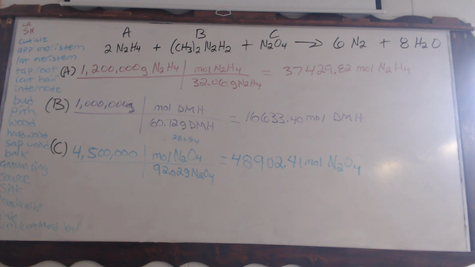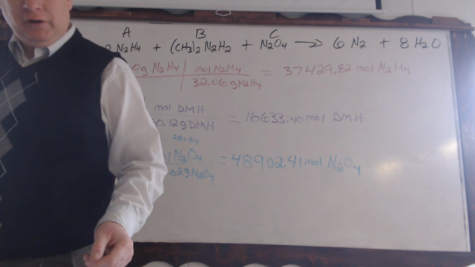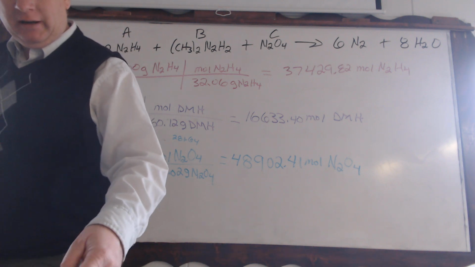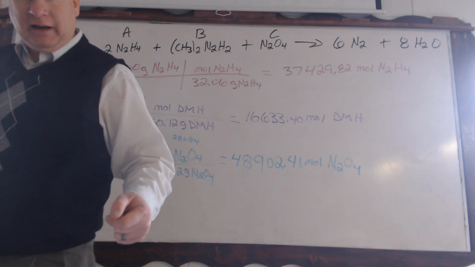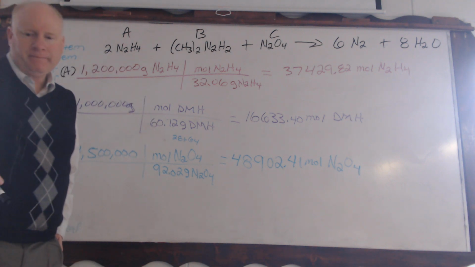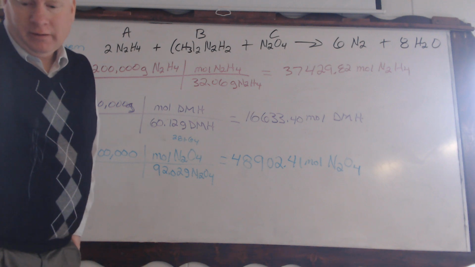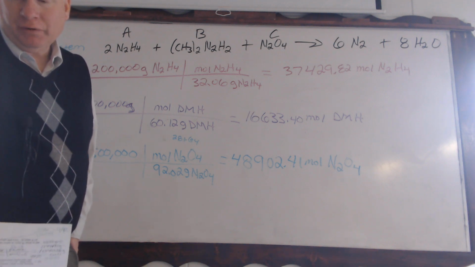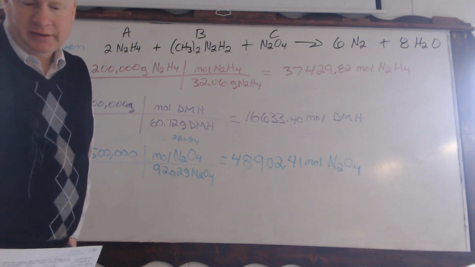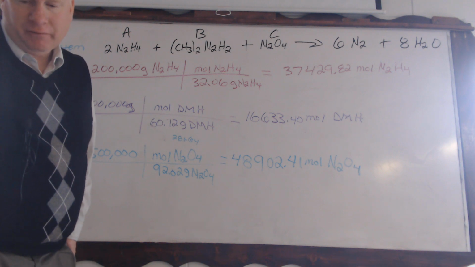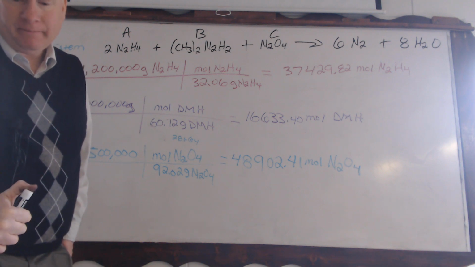Does it matter which one you pick? No, but make sure you use the same one for the rest of them. Exactly. Okay? So, in other words, if you changed A to B and then A to C, then that will tell you how much of each substance is actually required. Okay?